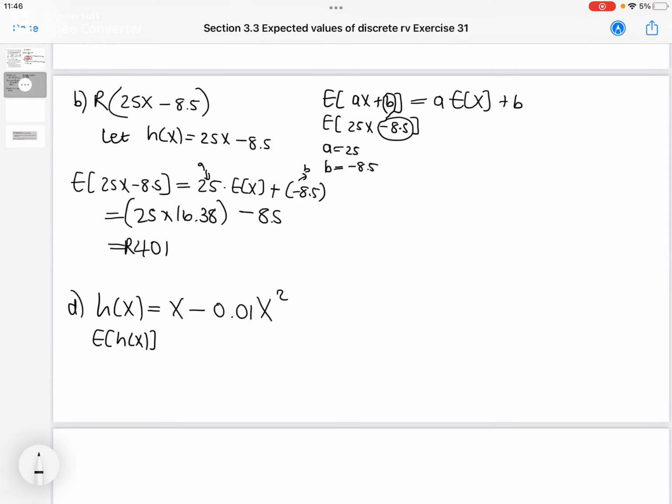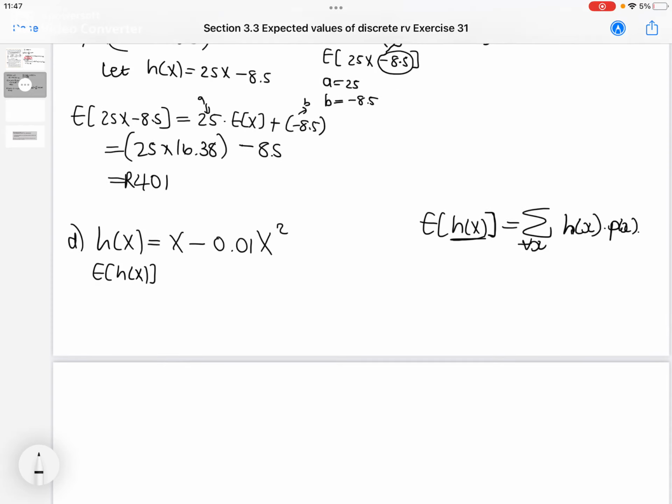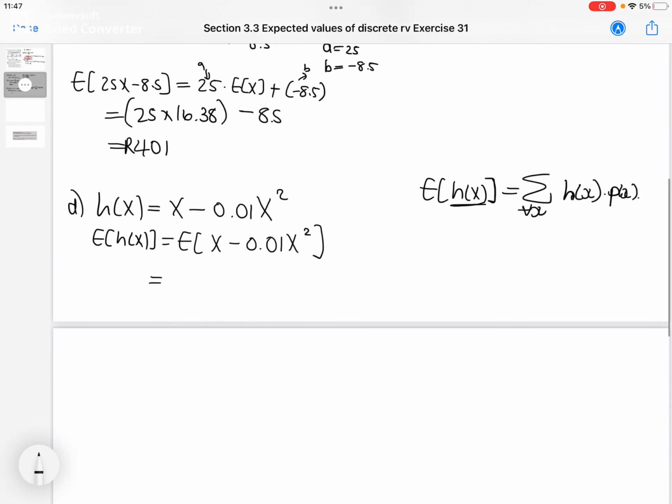Now they want to know what's the expected value of this function, right? That's the question. So we know that by definition, the expected value of h(X) is equal to the sum over all possible values of x of a function of possible values of our random variable x times p(x). Okay, all right. So now this is equal to the expected value of X minus 0.01 X squared.